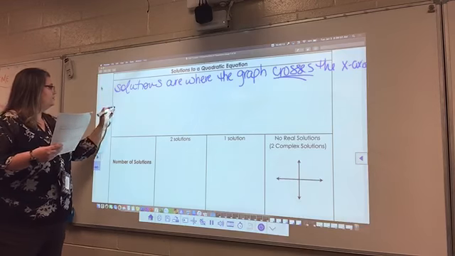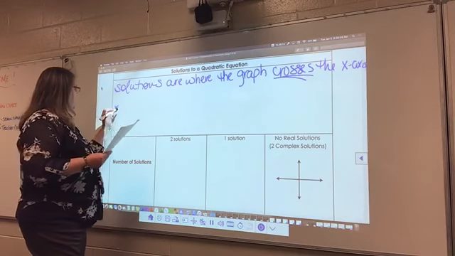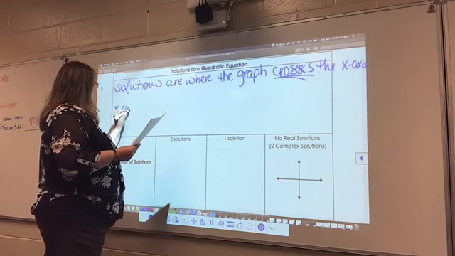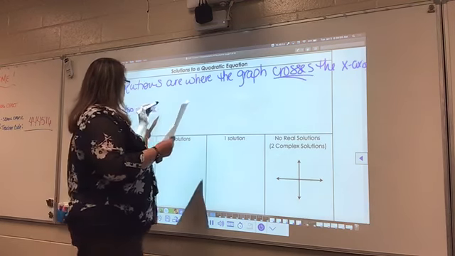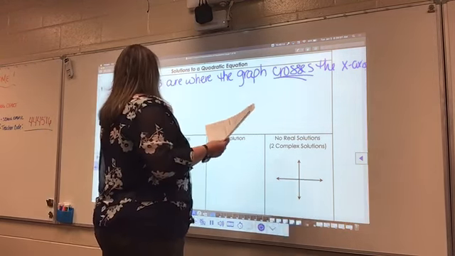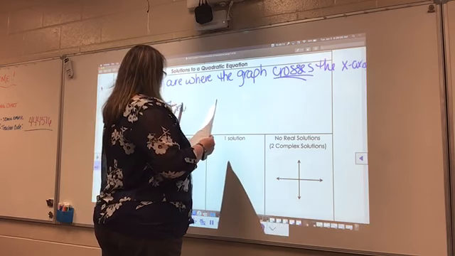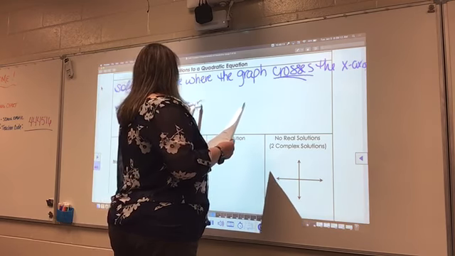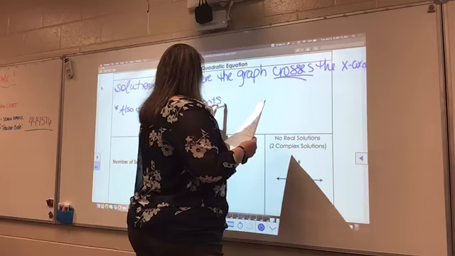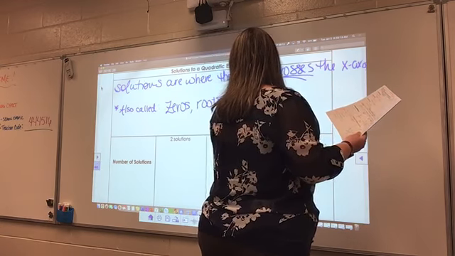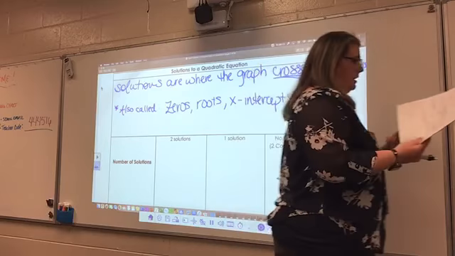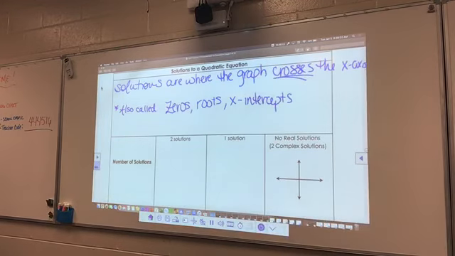So another name, if I said solutions, I could also say the zeros, the roots, and then the one we just talked about was the x-intercepts. A lot of different ways that we can say the exact same thing of what we're trying to find.